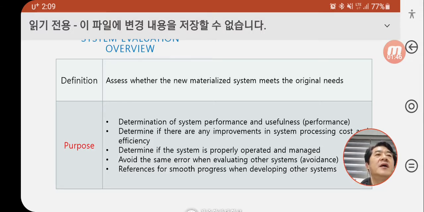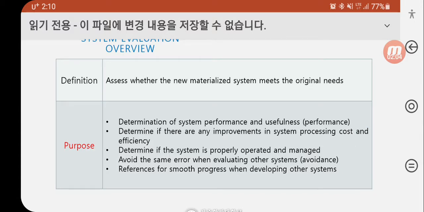It determines if the system is properly operated and managed. And system evaluation avoids repeating the same error when evaluating other systems. And it serves as a reference for smooth progress when developing other systems.